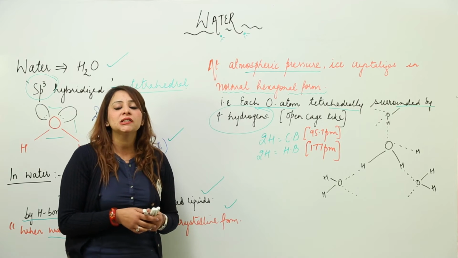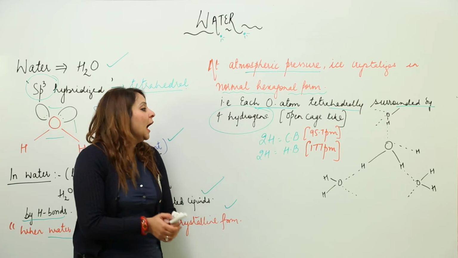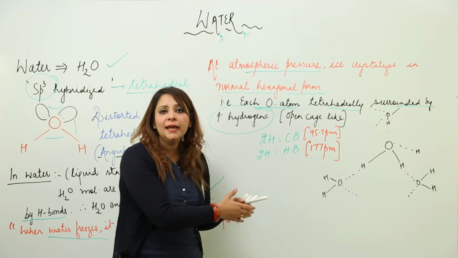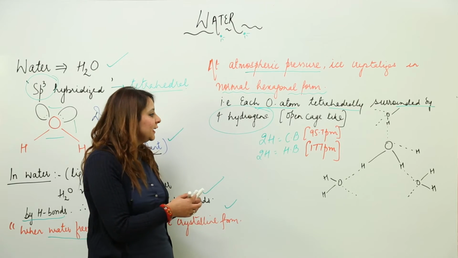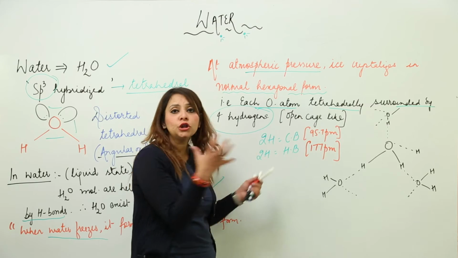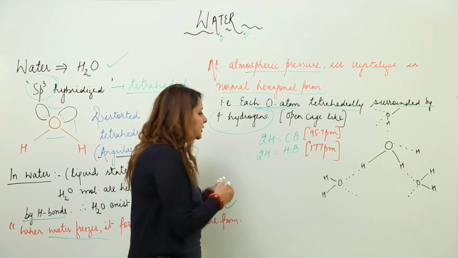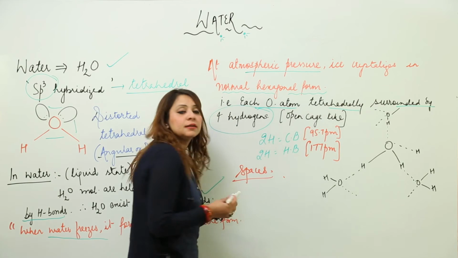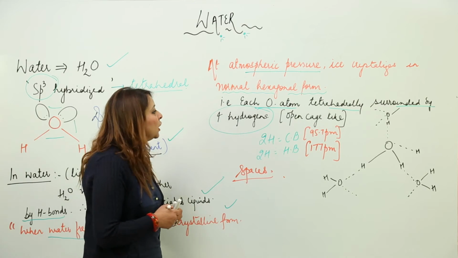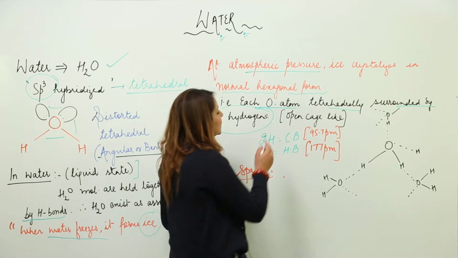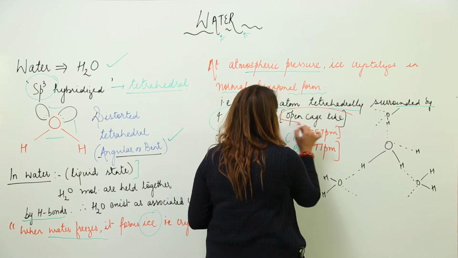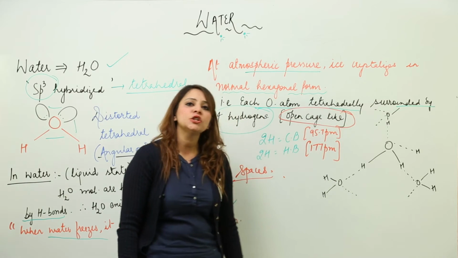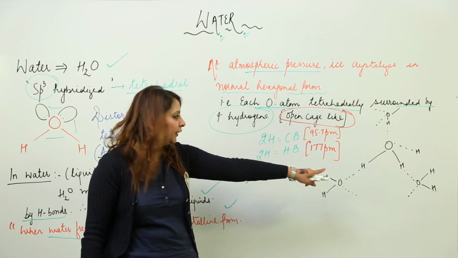So that means there exists a great distance, and due to this longer bond length, the molecules are not tightly packed. There are certain spaces within the structure. So we can say that in hexagonal form, ice has an open cage-like structure, like I have shown you in the figure.